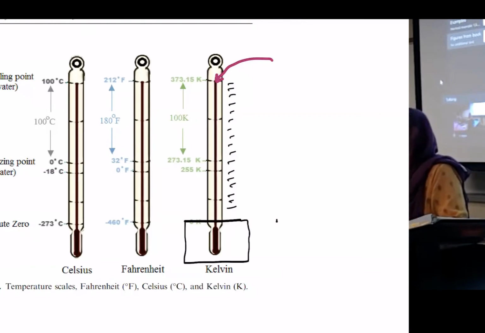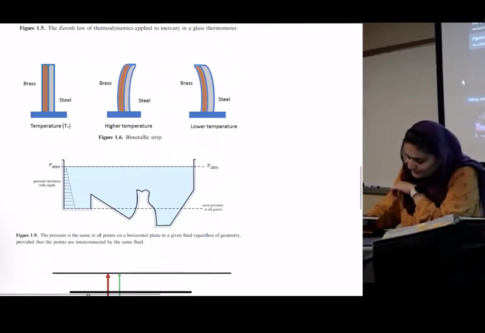A scale, because it's cheaper. So any thermometer must have a scale, any thermometer must have a resting point, and any thermometer must have maximum and minimum points.